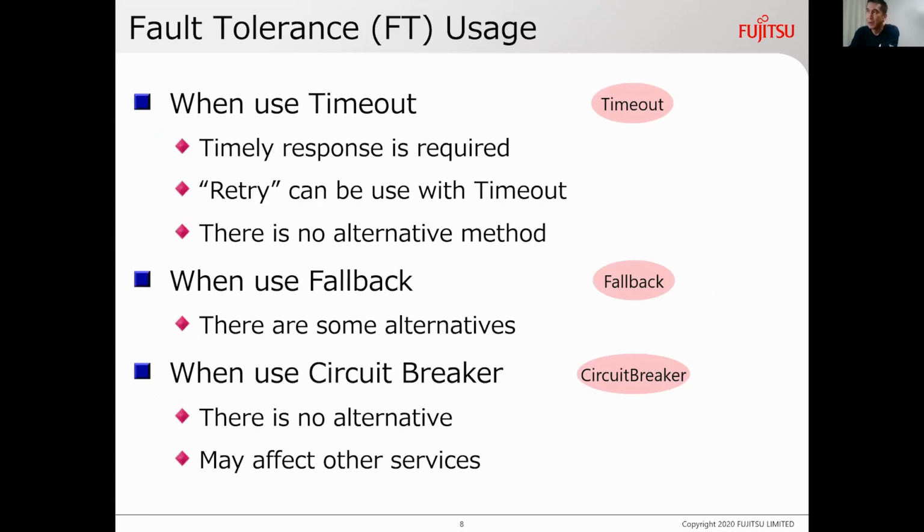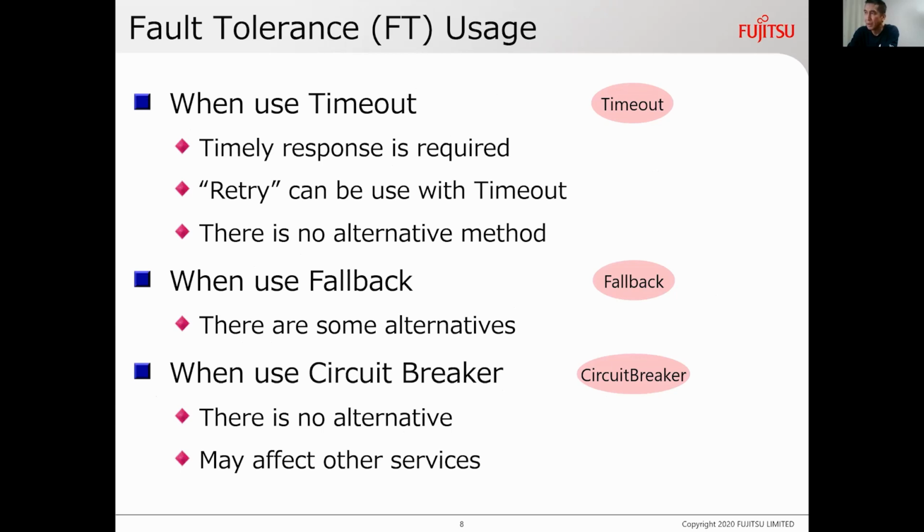So here, I pick up three major fault tolerance features: timeout, fallback, and circuit breaker. So when you use timeout, you can use the timeout for the service which requires timely response. And if the service has no alternative method, you should use just timeout.